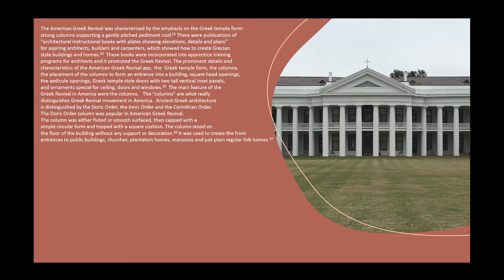The column was either fluted or smooth surfaced, then capped with a simple circular form and topped with a square cushion. The column stood on the floor of the building without any base or decorations. It was used to create the front entrance of public buildings, churches, homes, mansions, and just plain regular folks' homes.